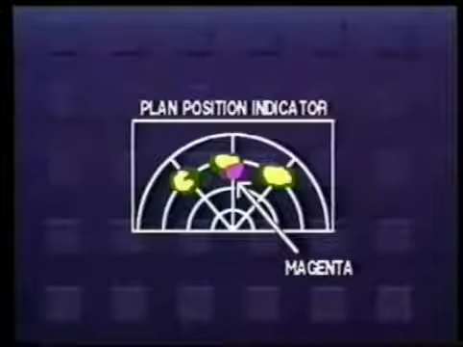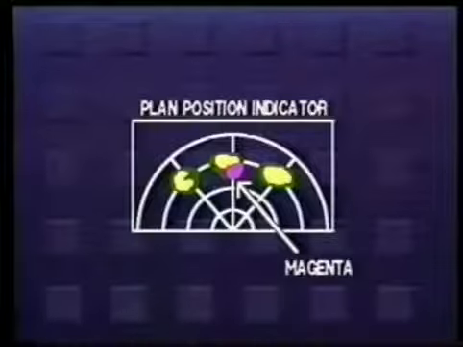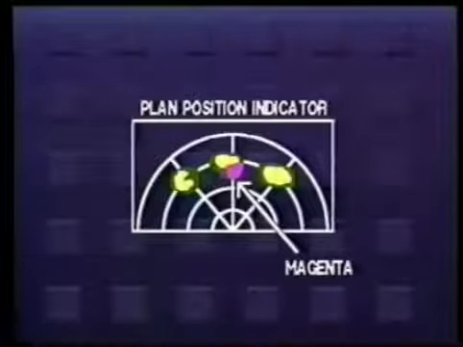Turbulence within a thunderstorm may be present in any part of the storm, not just in the areas of heavy rainfall. As a general rule, it is advisable to avoid any areas of green returns which include magenta. The turb mode cannot detect clear air turbulence because there is no precipitation present to reflect the radar signal.